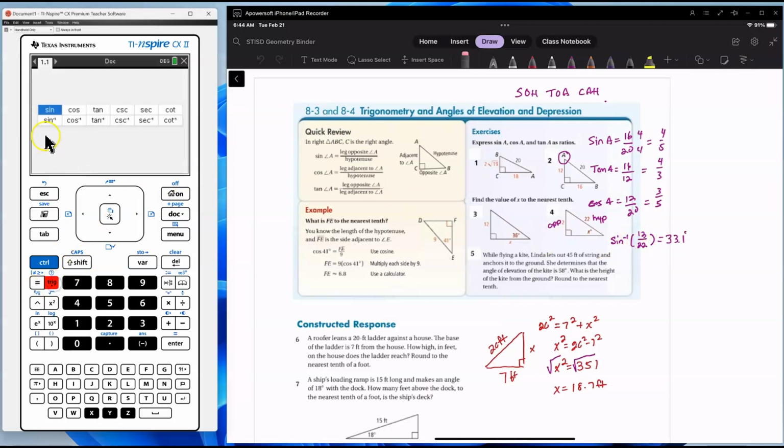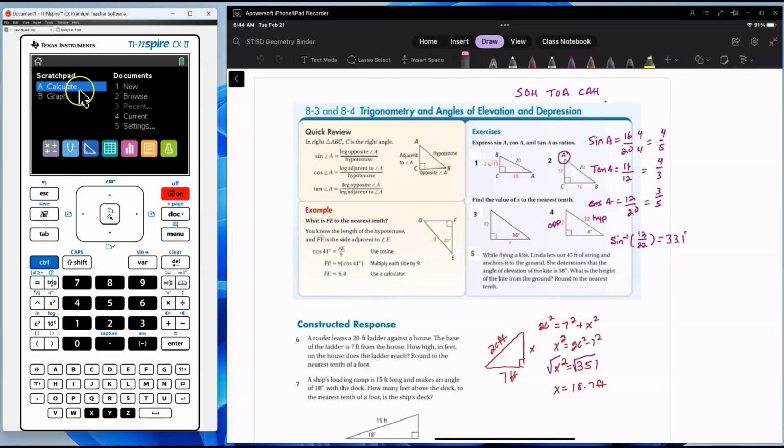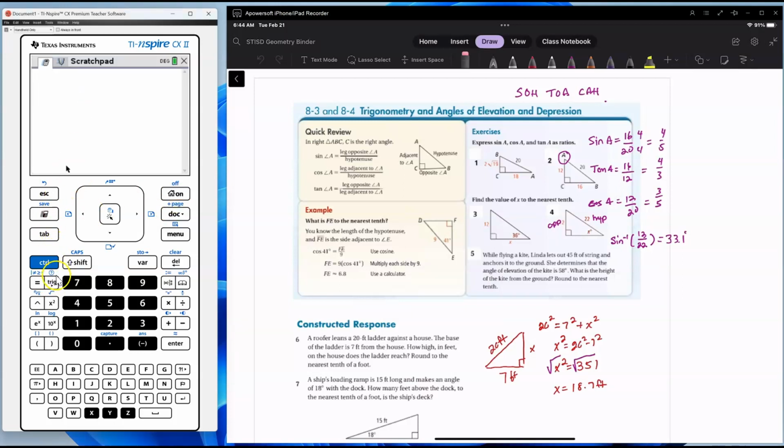You go to trig, inverse sine, and then you're going to type in 12 divided by 22. And so it's going to be 33 degrees.